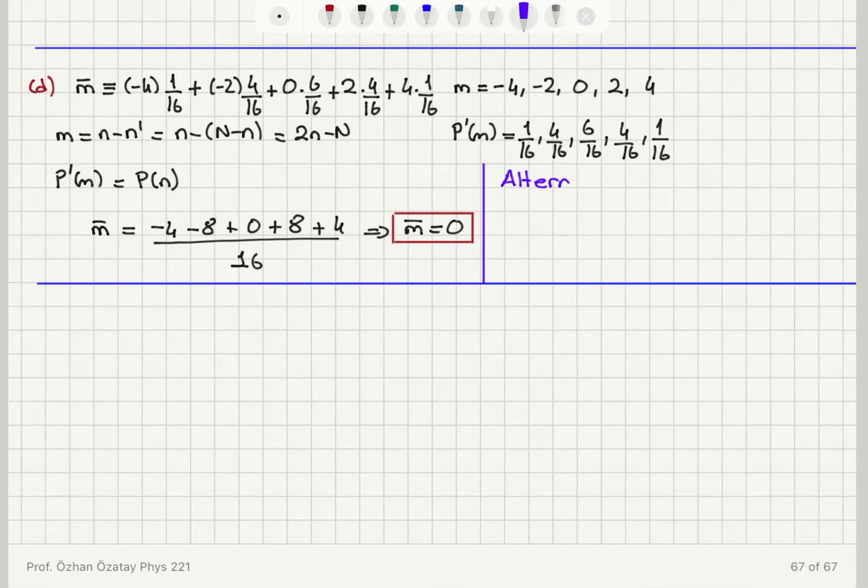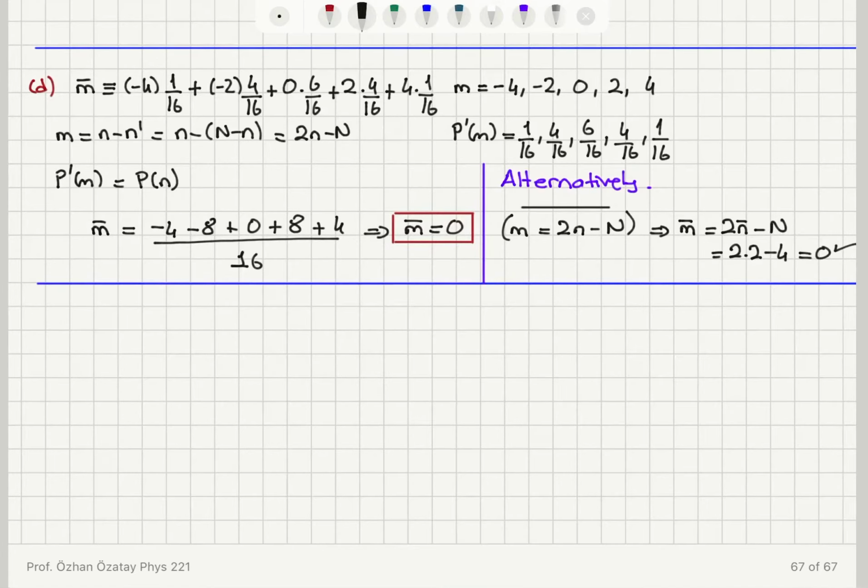Alternatively, you can look at this equation, m equals 2n minus N. If you take the average of this equation, that basically means you have m bar equal to 2n bar minus N. The average of capital N is capital N. So this means it's going to be 2 times 2 minus 4, which is 0. I can get the same answer using this relationship as well.